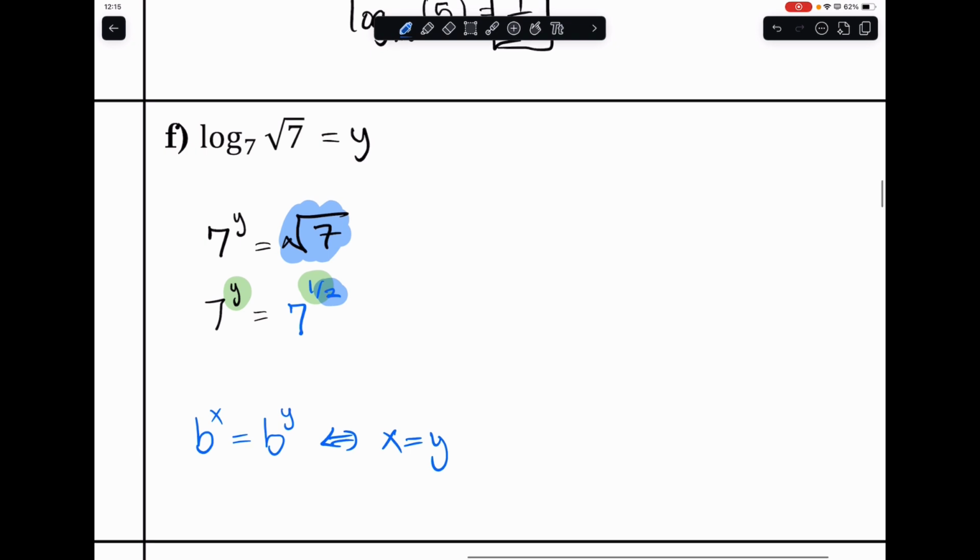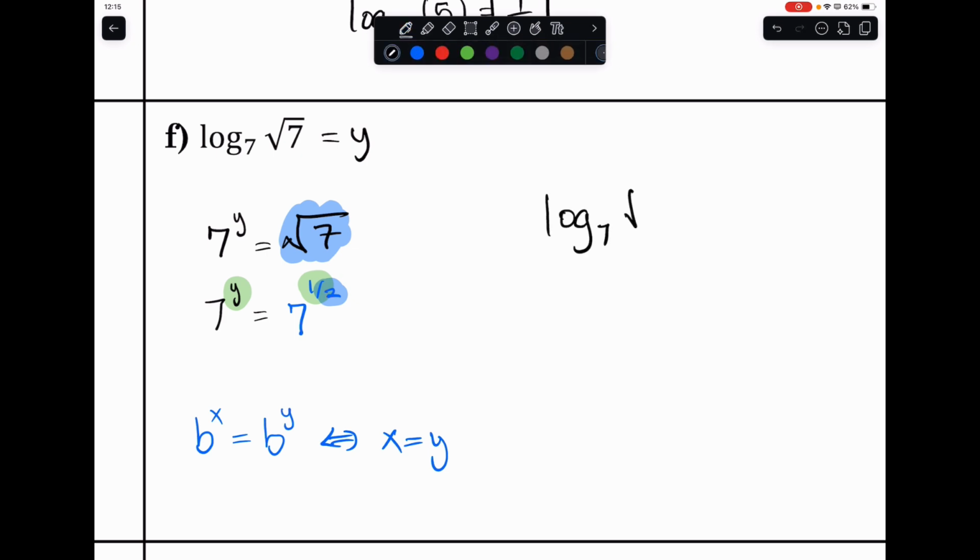Which means that the value of y has to equal 1/2. So the answer to this is that the log base 7 of the square root of 7 equals 1/2.